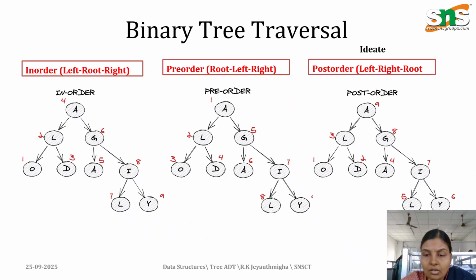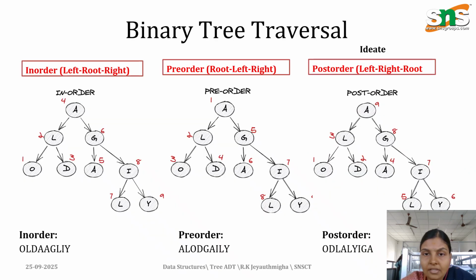Traversal. In-order traversal, pre-order traversal, and post-order traversal are the three types of traversals. Traversal means traveling from one node to another node. In an in-order traversal, we traverse the nodes of the left subtree, then the root, and then the right subtree.